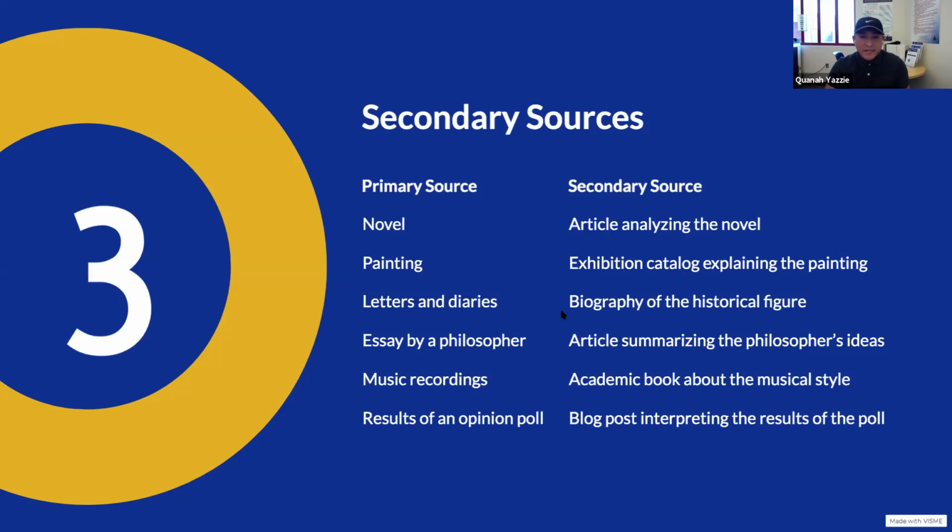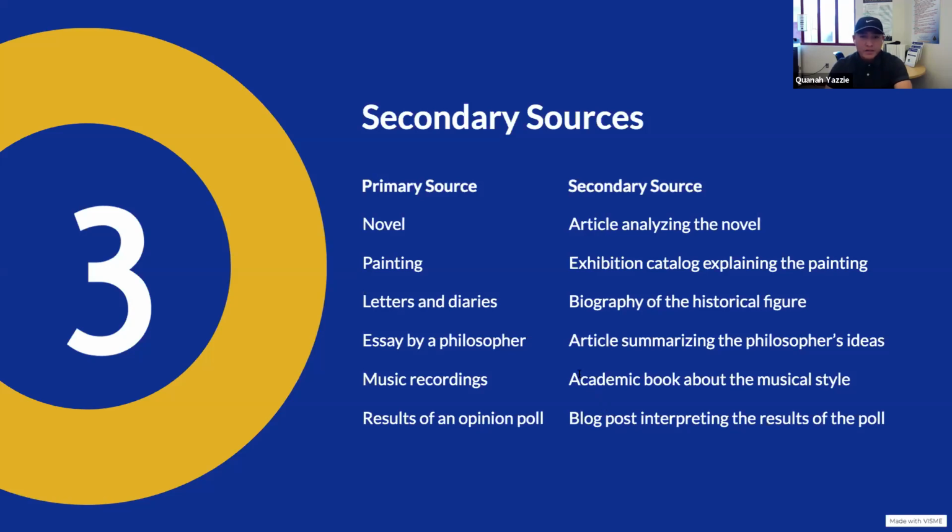Again, with letters and diaries, someone could write a biography of the historical figure. So we need to make sure we're not confusing primary versus secondary sources. And for the results of an opinion poll, we have a blog post interpreting the results of the poll.